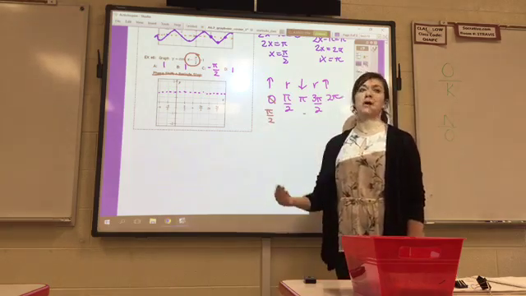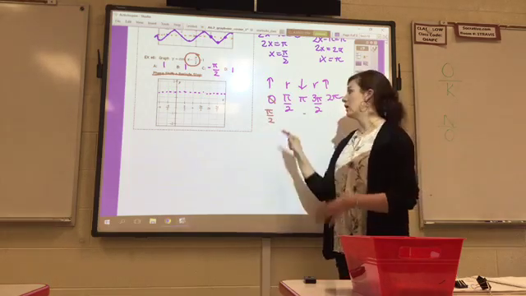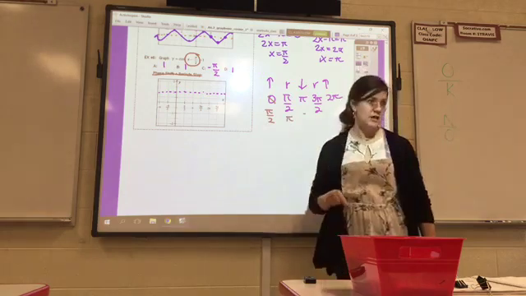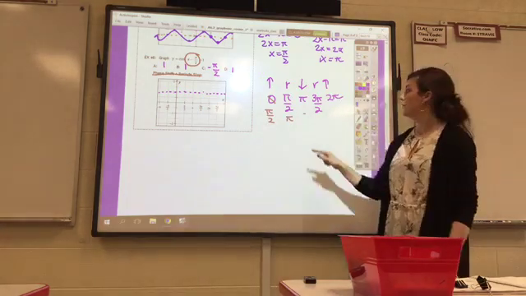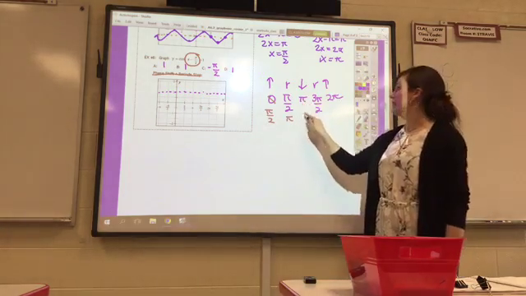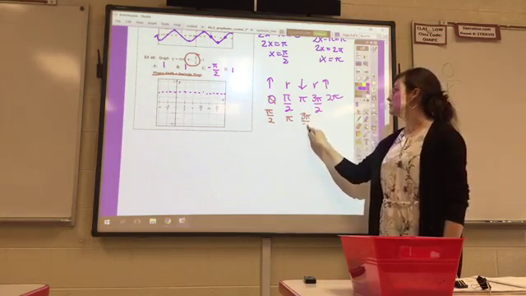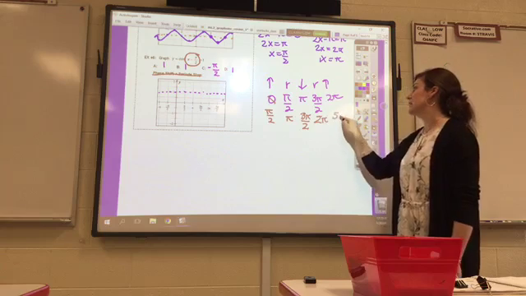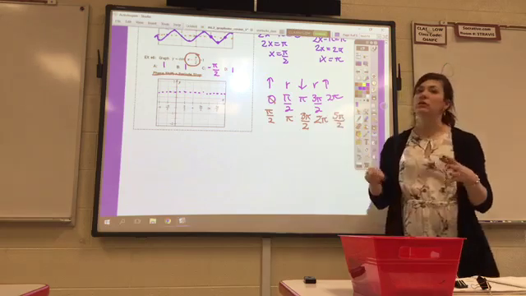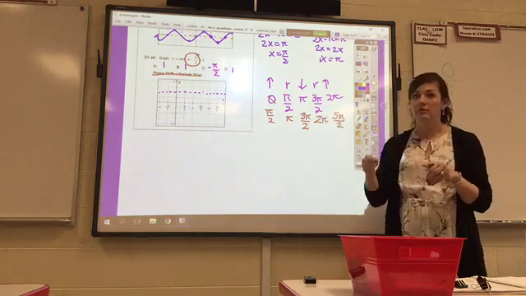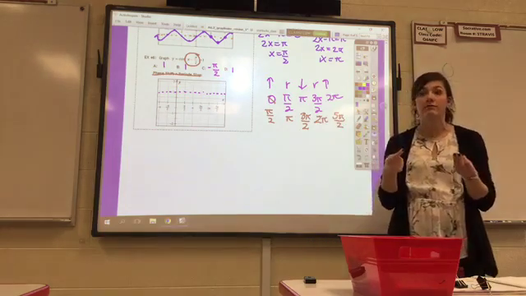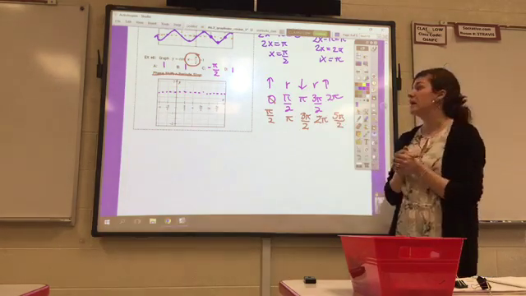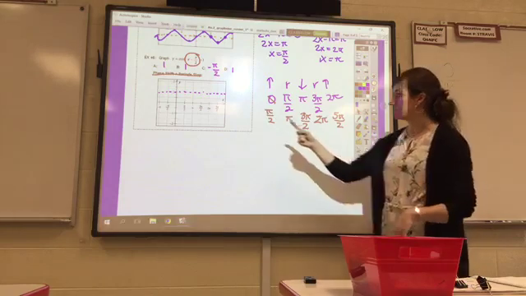Pi over 2 plus pi over 2, or half a pi plus half a pi, is a whole pi. A whole pi plus a half is 3 pi over 2. This one's going to be 2 pi. This one's going to be 5 pi over 2. Now really you don't have to keep going, because once you get about 3 points, that's enough to do the pattern.